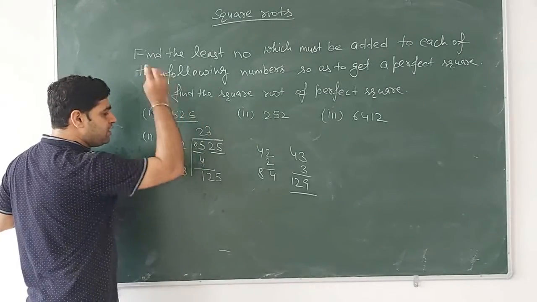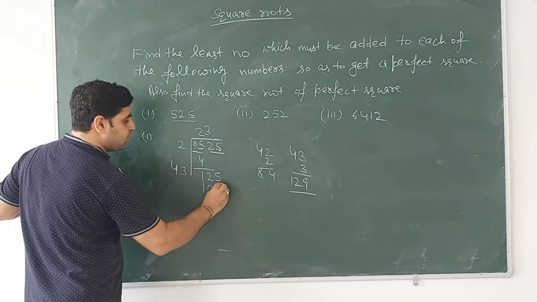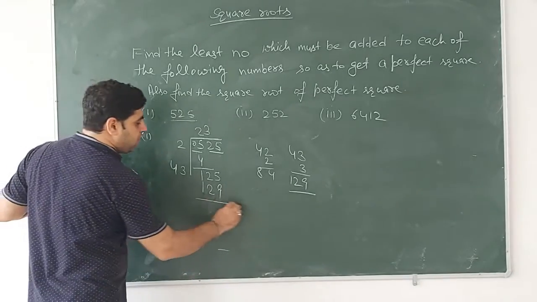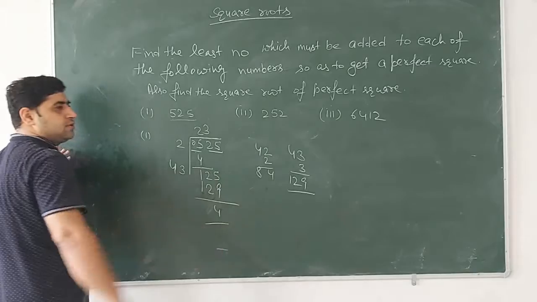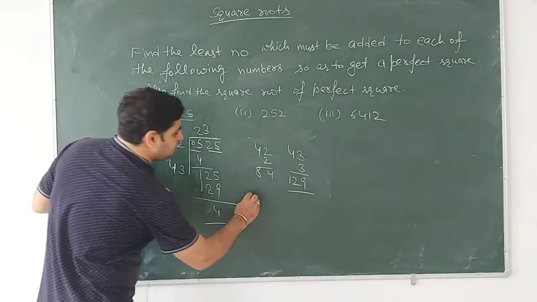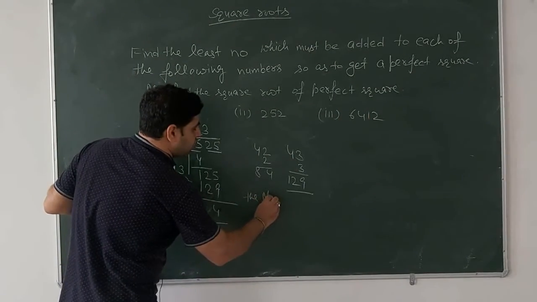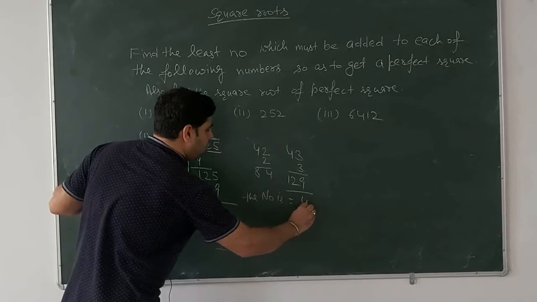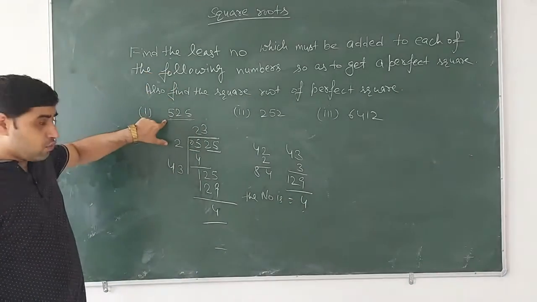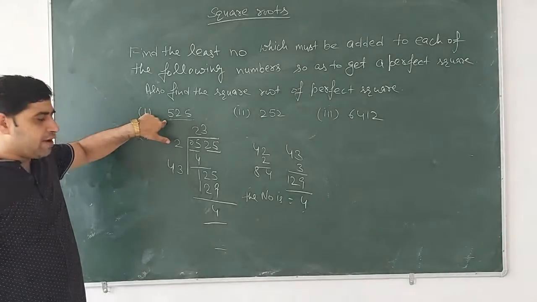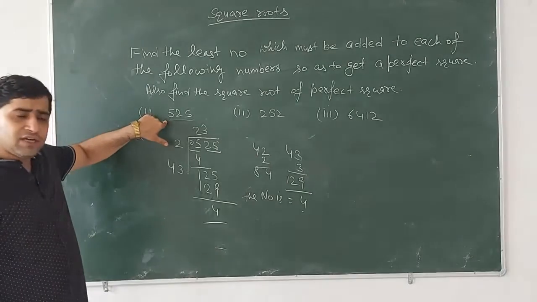So here 3, 3 times 43 is 129. So 129 minus 125, the number is 4. 4 must be added to 525 to make a perfect square.